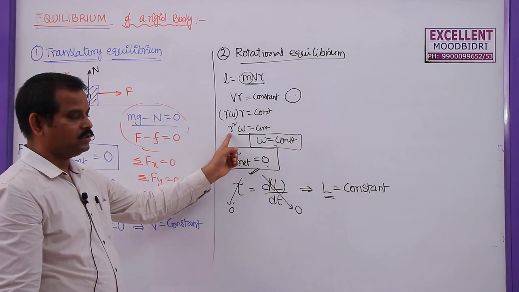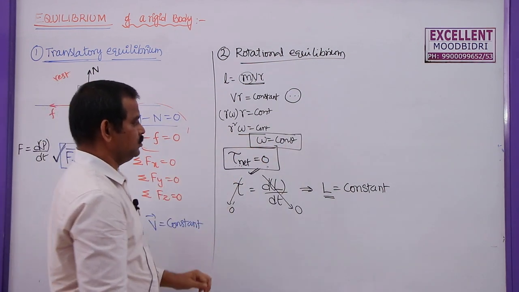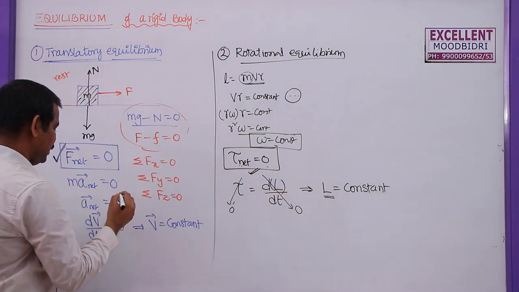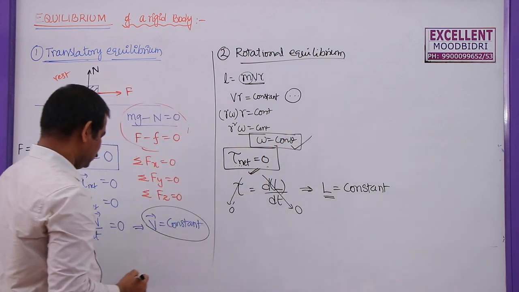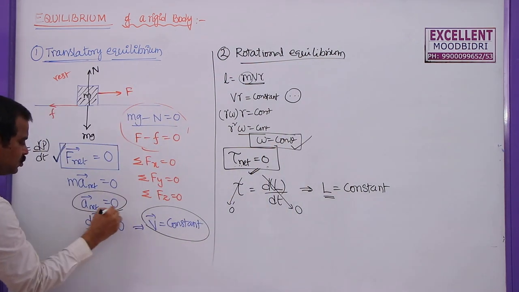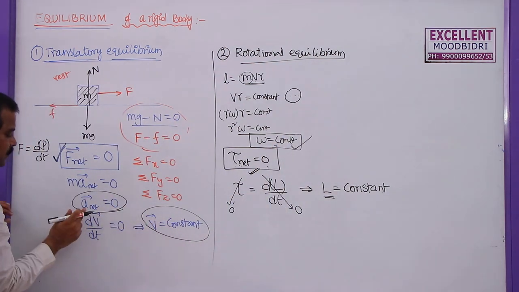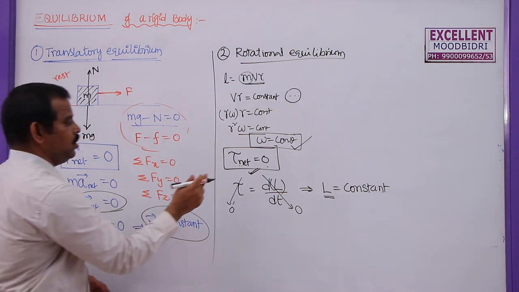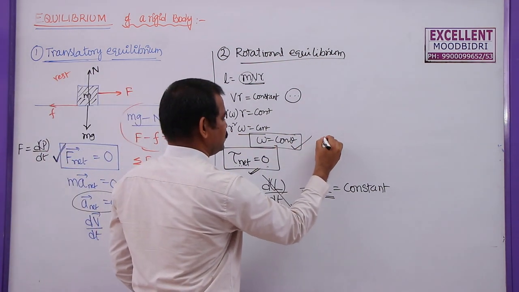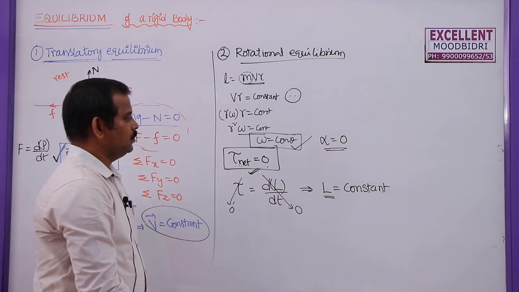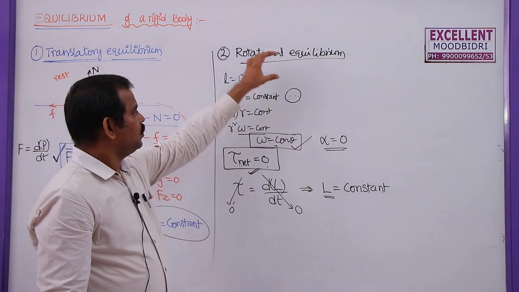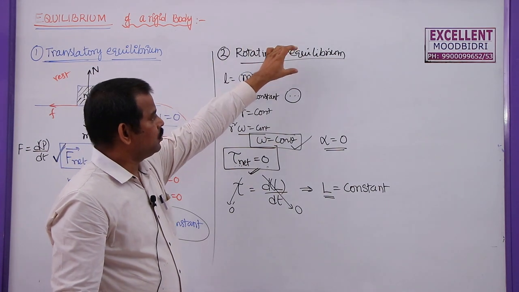Because the radius is constant, omega is constant. Here the linear velocity is constant, here the angular velocity is constant. Here linear acceleration is 0 because there is no change in velocity. Here there is no change in angular velocity, so angular acceleration alpha should become 0. So when alpha is 0, the body is said to be in rotational equilibrium.